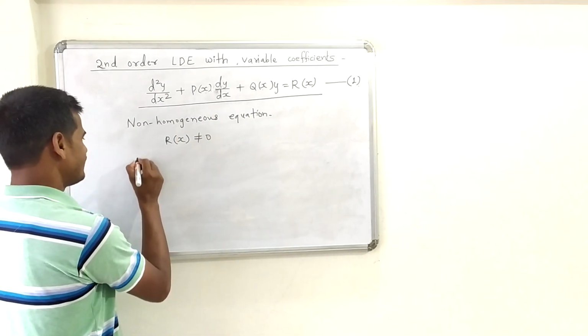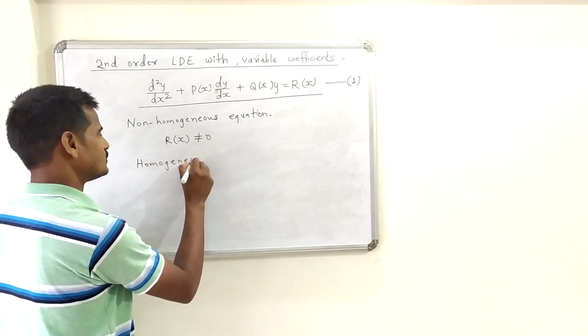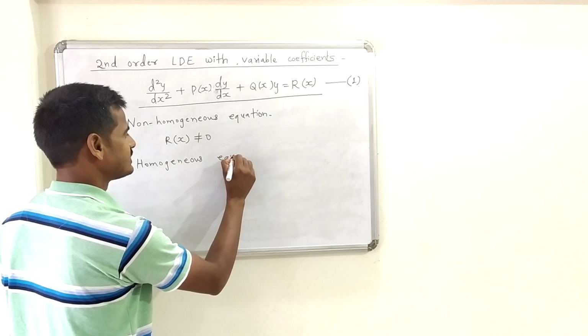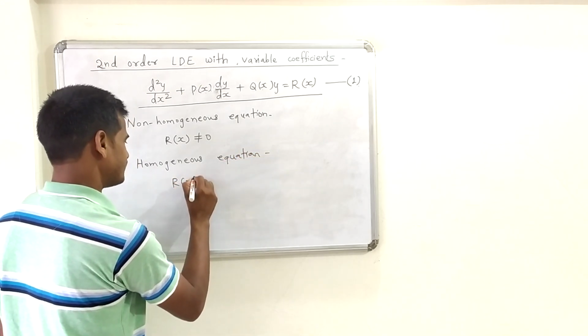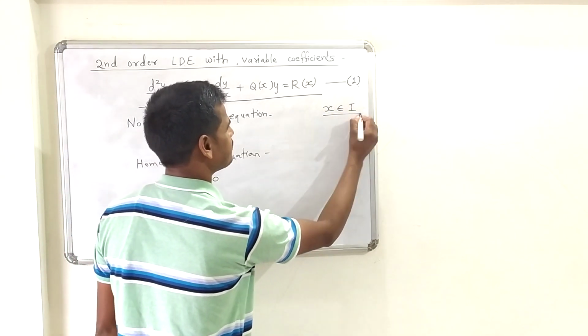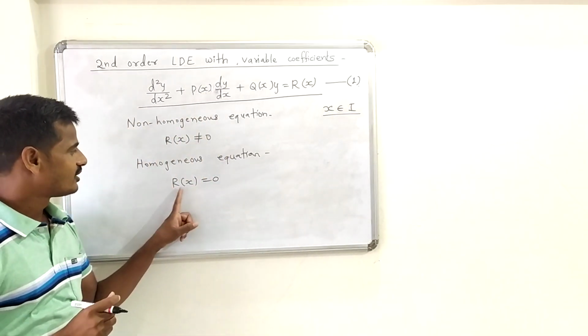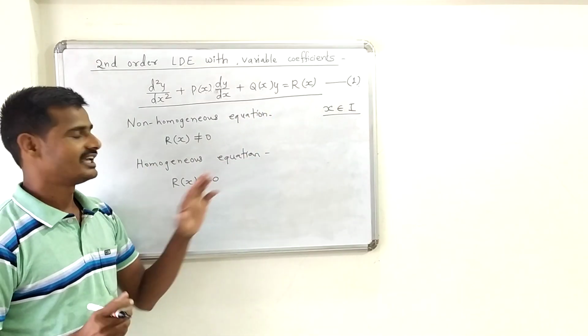And what is meant by homogeneous equation? Here r of x is equal to 0 as long as x belongs to some interval. So if the function on the right hand side is 0, then we call this a homogeneous equation.